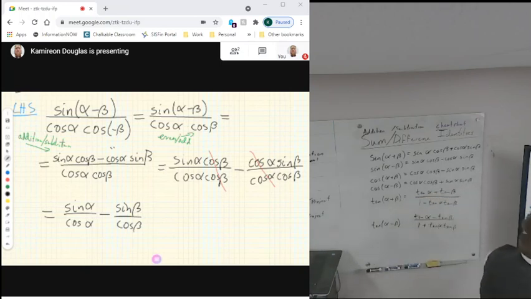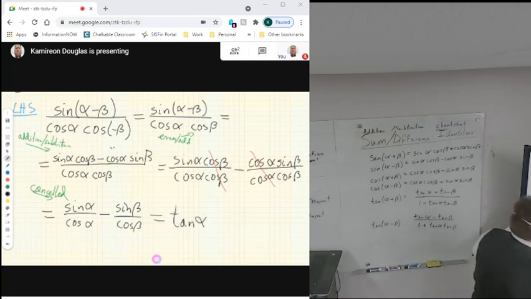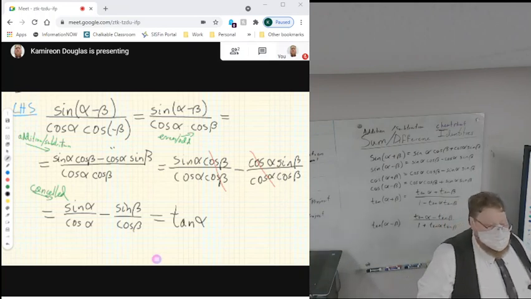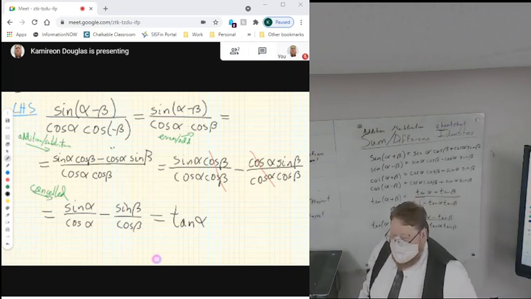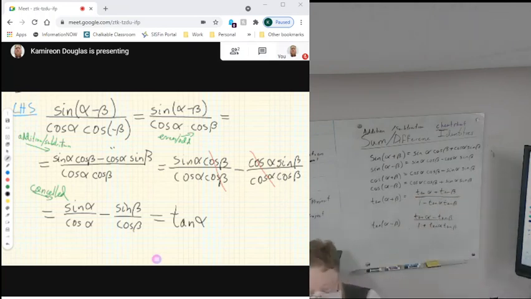Here we go. Last step. So we went ahead and canceled, and now we're going to rewrite. Using the quotient rule, sine of alpha over cosine of alpha becomes tangent of alpha. Again, they have the same variable. If they didn't have the same variable, you'd have to ask yourself, what goes inside?